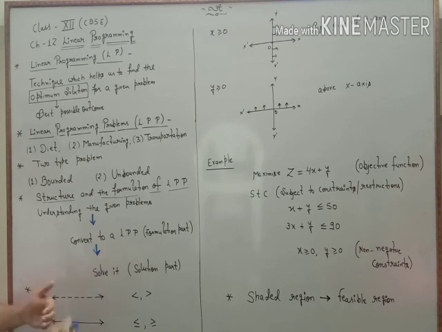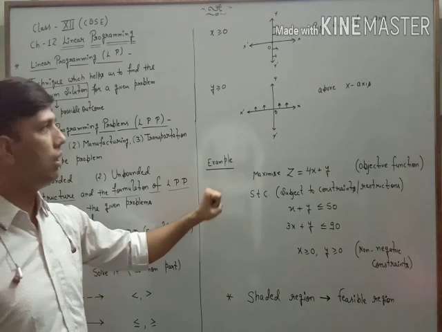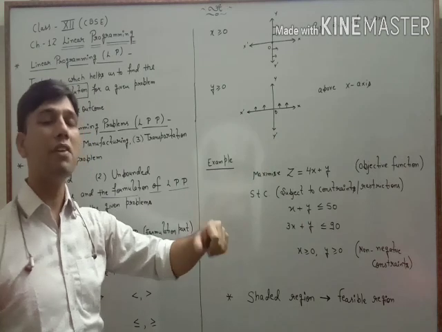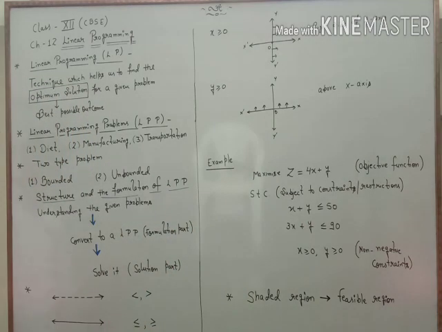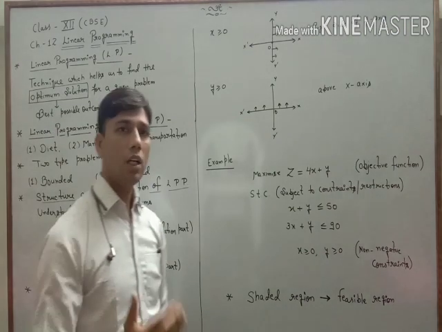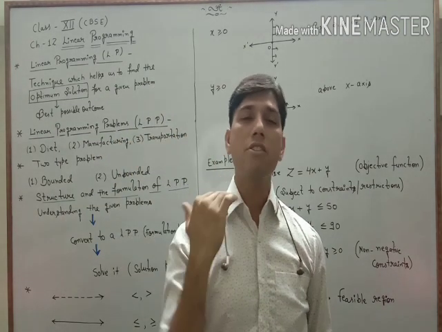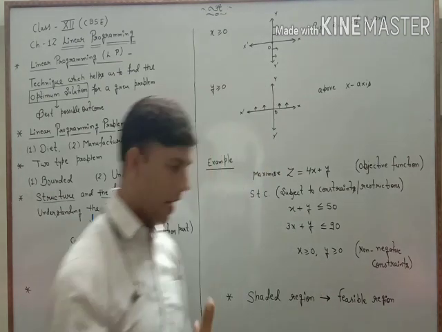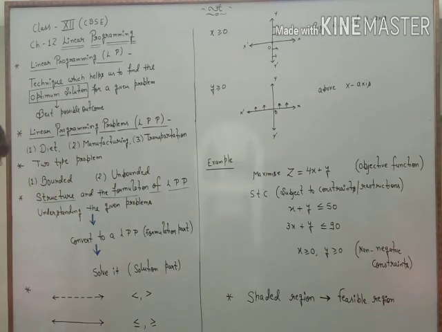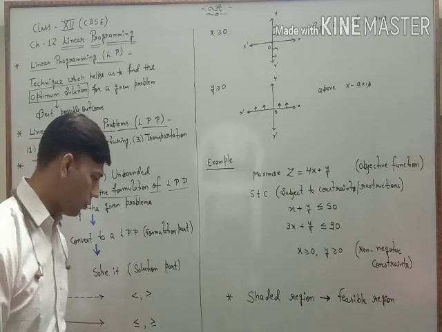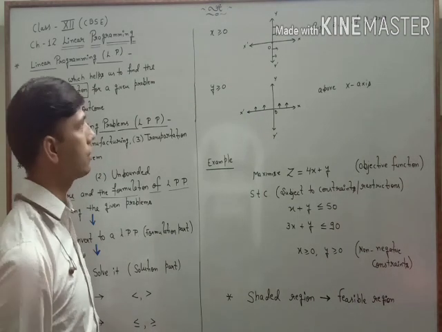Now in this exercise we will discuss some topics, but you will face some problems, so we will discuss here. We have already discussed this in the 11th class. This dotted line means less than or greater than, without equal to. It means this dotted line is not included in the shaded region, and a dark line means this line is also included in the shaded region, less than or equal to or greater than or equal to, like this.